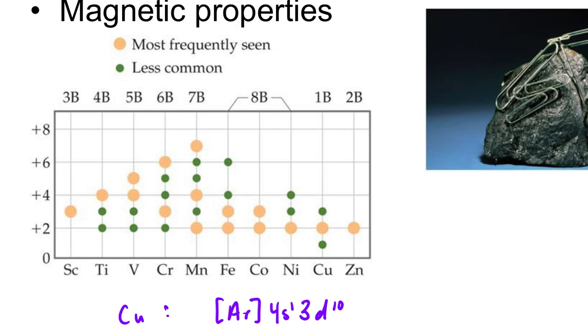Somewhat surprisingly, I would say that the 2+ is actually more frequently seen, where we have argon and 3d9, but it is still possible to see the +1. And then the +3 is possible as well. You don't need to memorize these, but it's interesting to look at the trends and at how the electron configurations change with each of those.